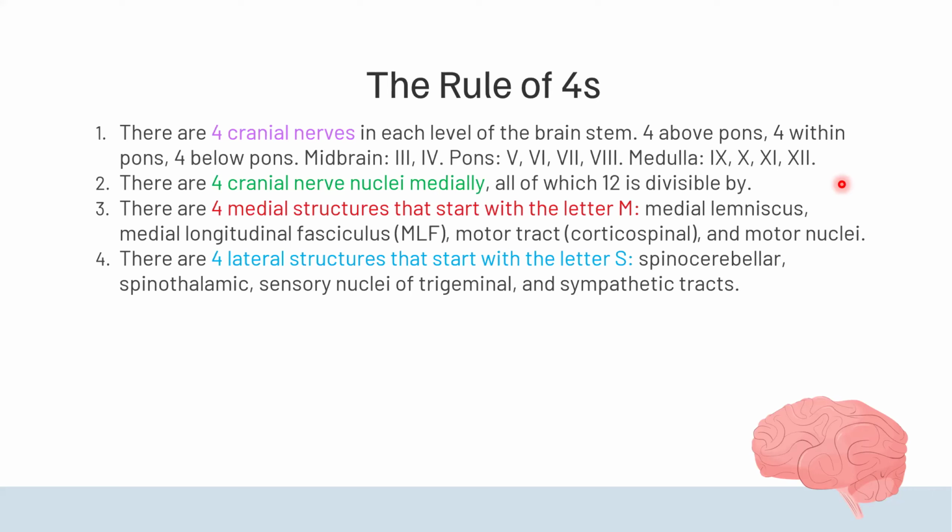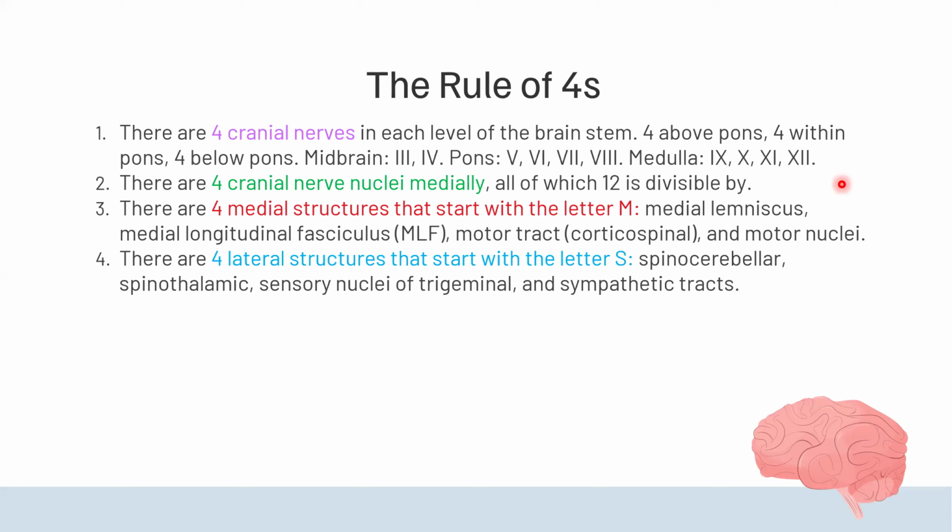So let me think of 12. What is it divisible by? 12 is divisible by 12, obviously. It is divisible by 6. It is divisible by 4, and it is divisible by 3. 1 and 2 are not part of the brainstem, so this rule does not apply, okay? So 12, once again, divisible by 12, 6, 4, and 3. So all of those are going to be in the midline.